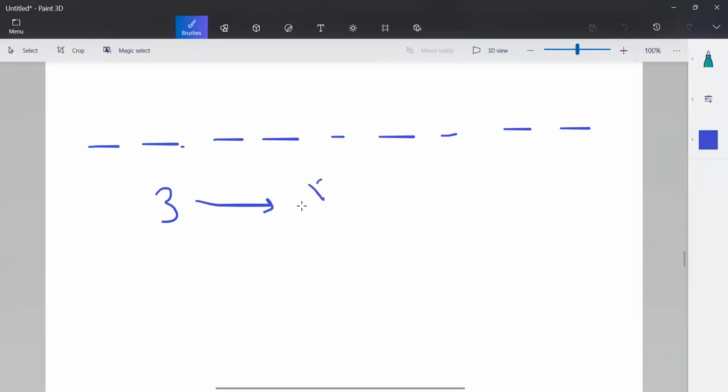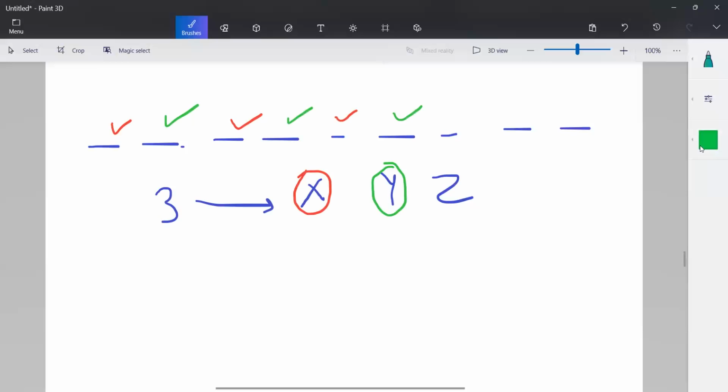Let's say these values are x, y, and z. And finally, this x will select some values. Let's say this guy selected these values. Then y will also select some values, and finally z will also select some values.